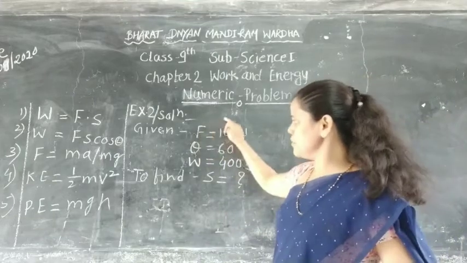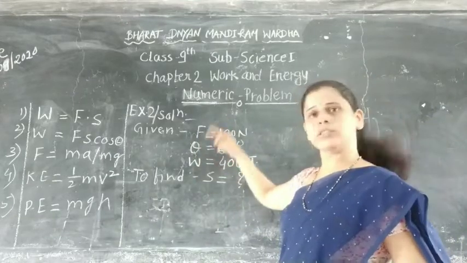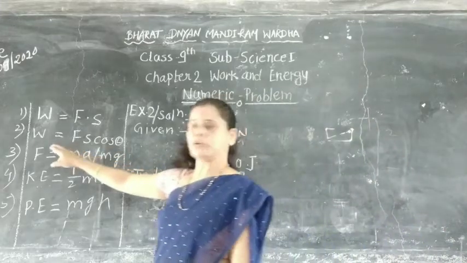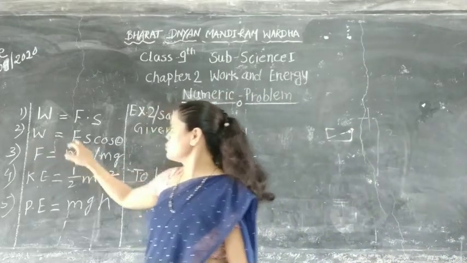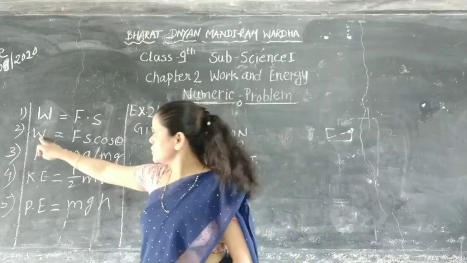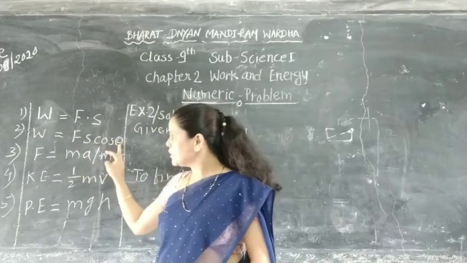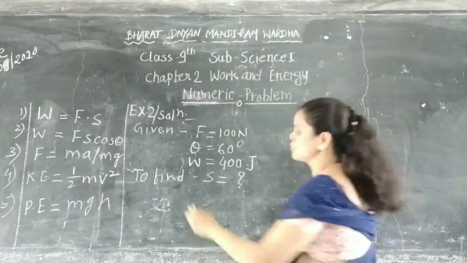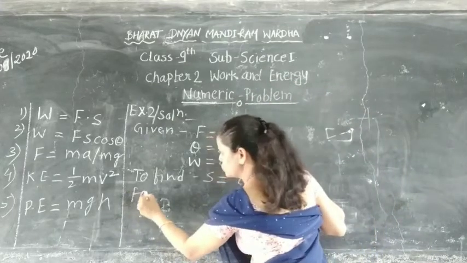Here F is given, theta is given, W is given, and S we have to find out. So just check your formula. W equals F S cos theta. So use this formula.